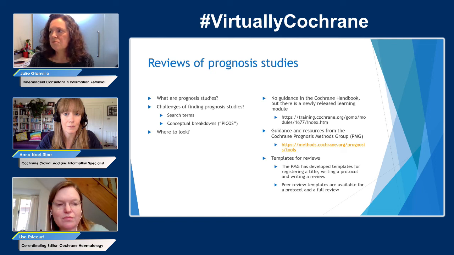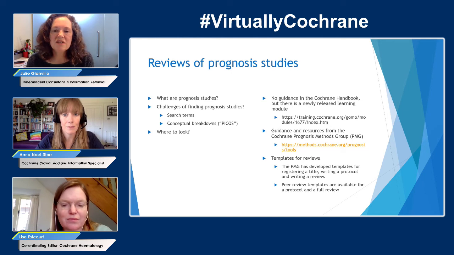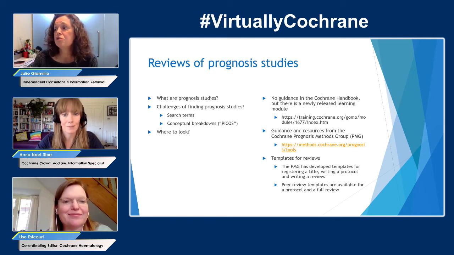In terms of guidance for finding prognosis studies, there is no guidance in the Cochrane Handbook itself at the moment, but there is a really nice newly released learning module. I've given you the URL there, and this is excellent. I've learned a lot from this set of training slides, so thank you very much to the team who've produced those.